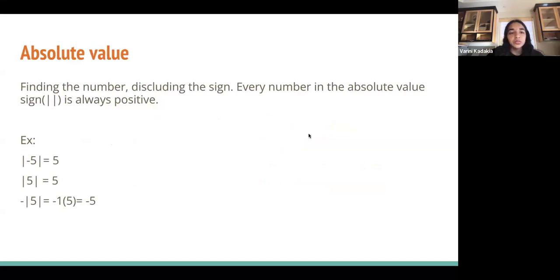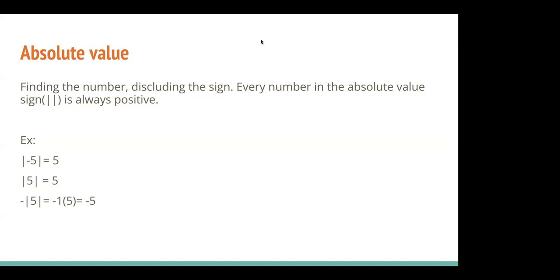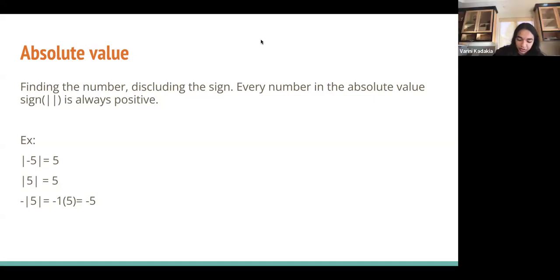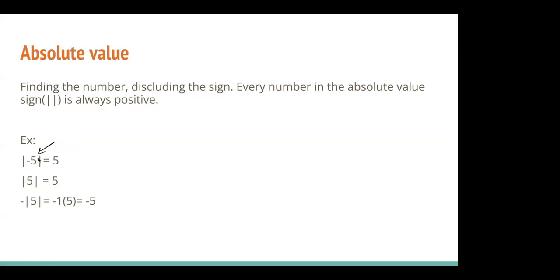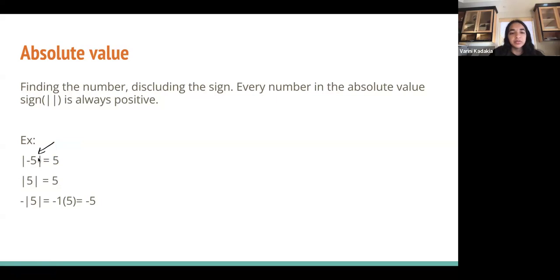Okay. So we'll go over one more topic, and that's called absolute value. The absolute value is basically like anything inside the absolute value will always be positive. So if we take this example here, we have -5 and the absolute value will give us 5.